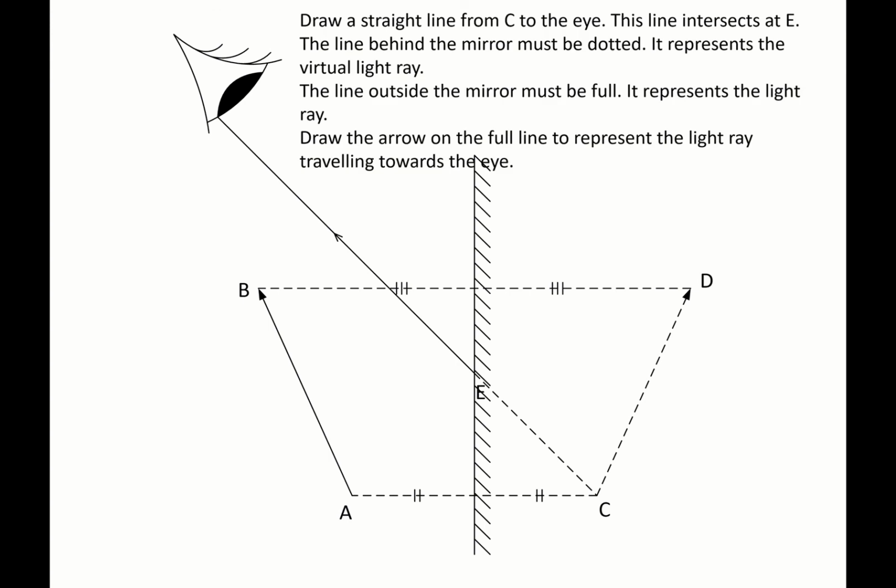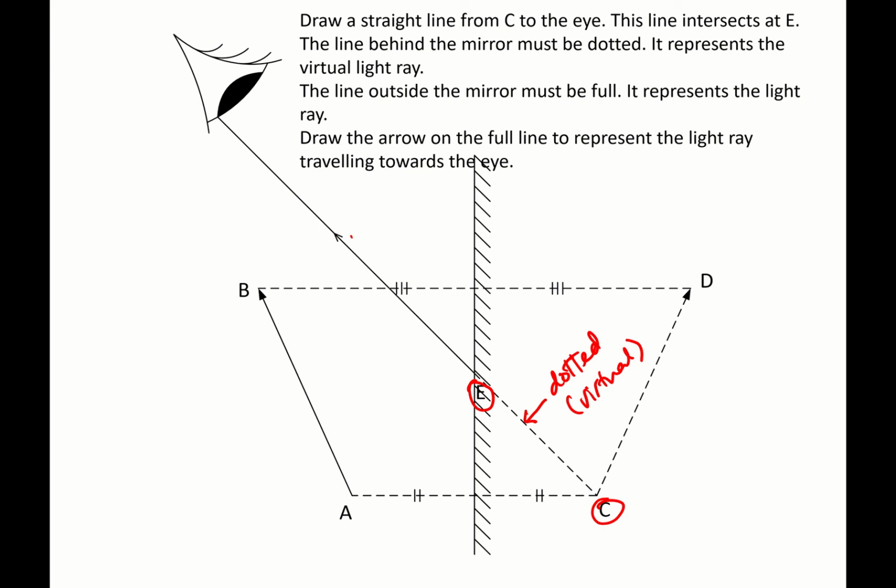Next, we're going to connect a straight line from C to the eye. So from C, we're going to connect a straight line all the way to the eye, and this line intersects the mirror, and we're going to label this intersection E. Also note that the line behind the mirror must be dotted because this represents a virtual ray.